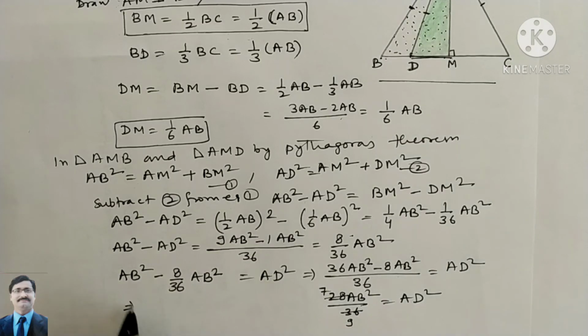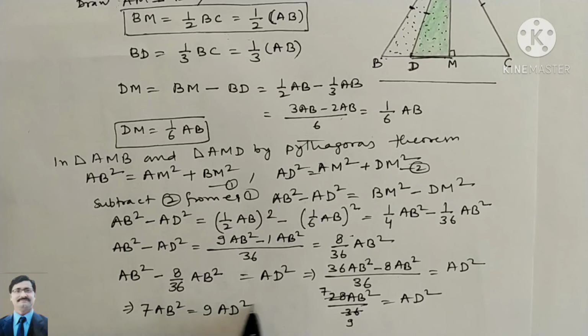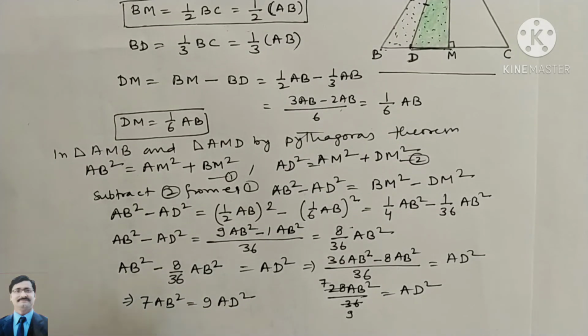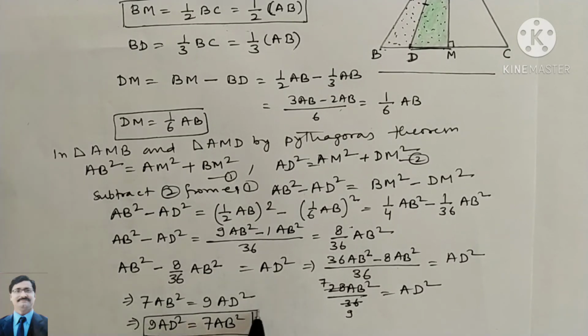We cross multiply, we get 7AB square equal to 9AD square. And look here, this only we have to prove in the question, that 9AD square equals 7AB square. So hence proved.